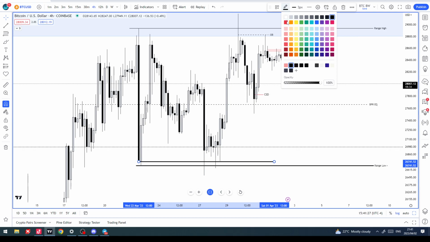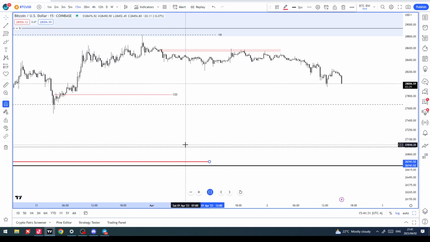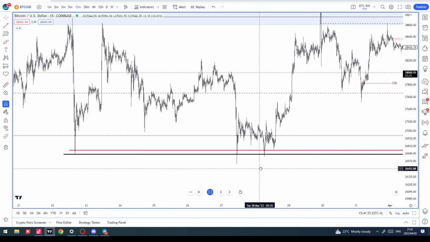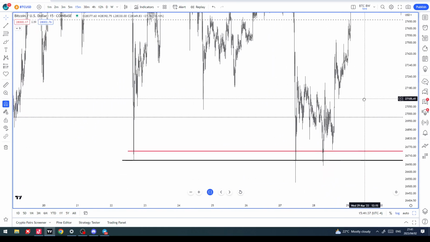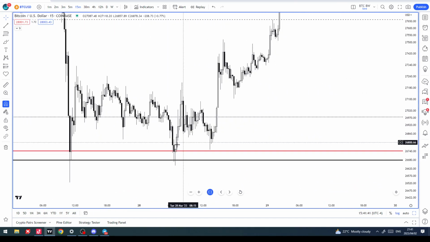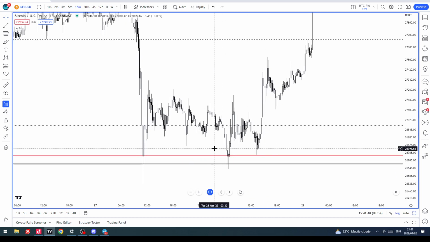Let's make that red. If we were to drill down to an even lower time frame, come all the way here, what happened here? You see that? Bounces off support of the previous candle body lows.